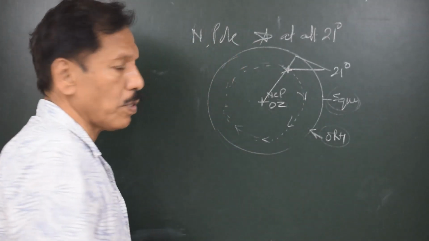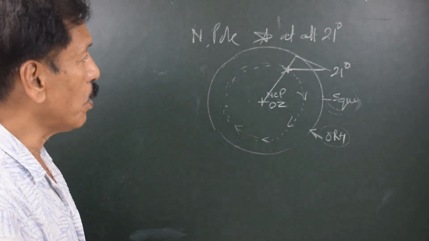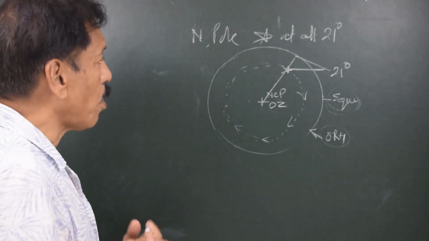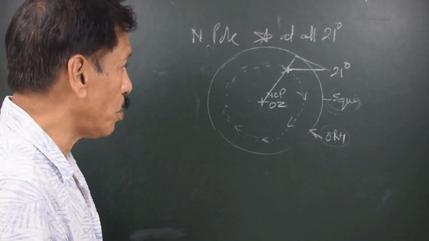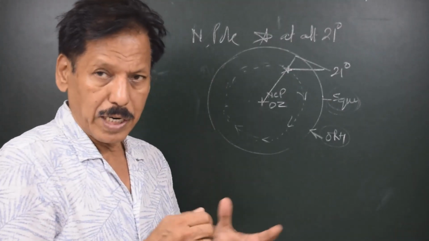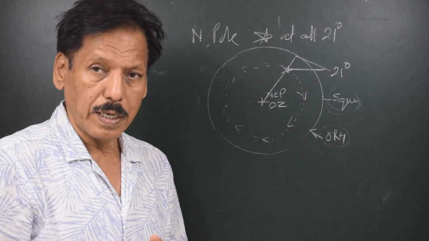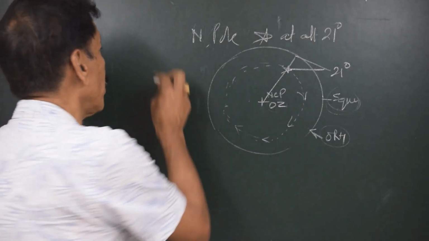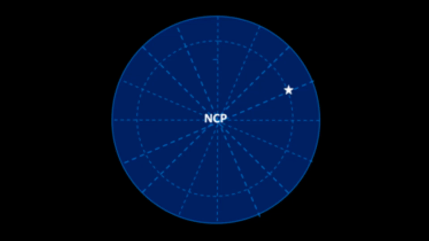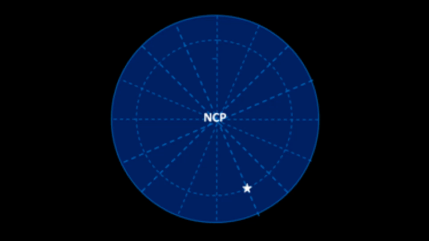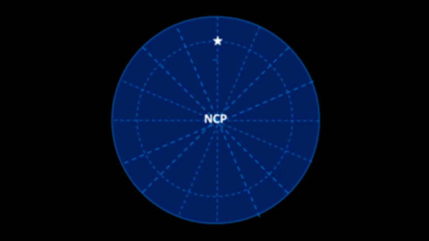So this particular information is given to you that an observer at North Pole sees a star at an altitude of 21 degrees. This statement means only one thing. It means that the declination of a star was 21 degrees north.